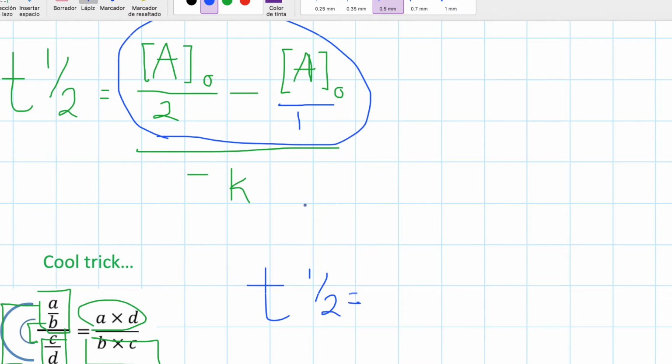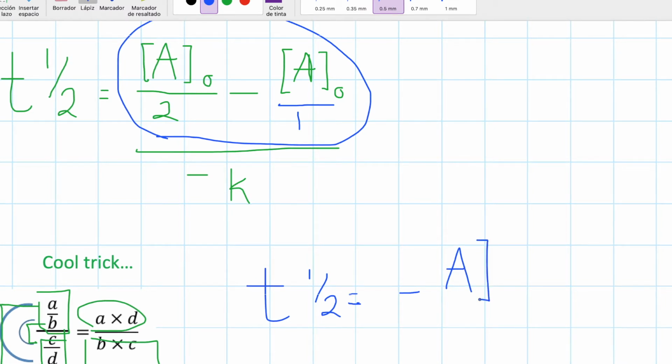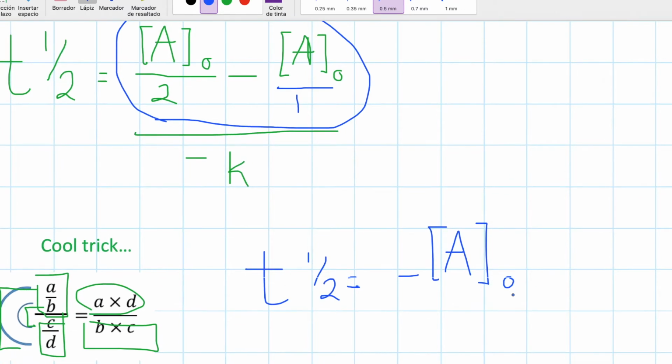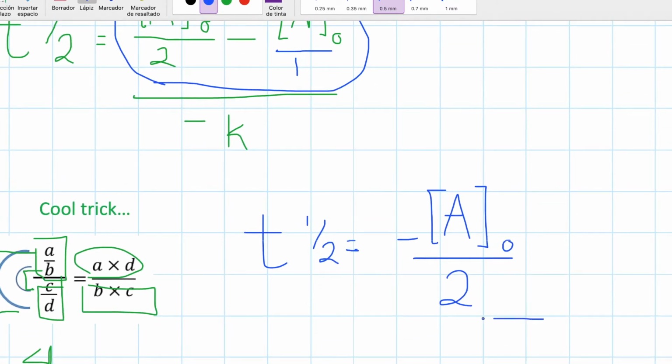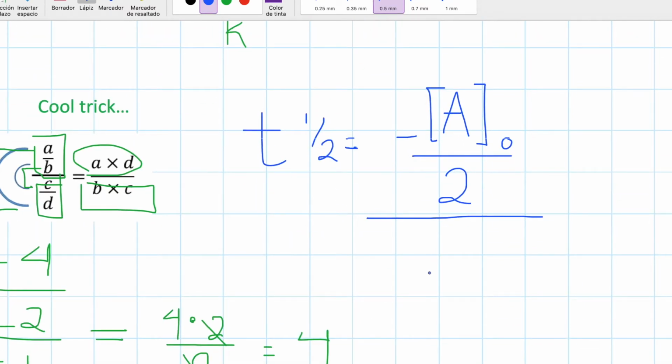So we would have negative, be aware of the signs, initial concentration over 2, and this fraction over negative k.